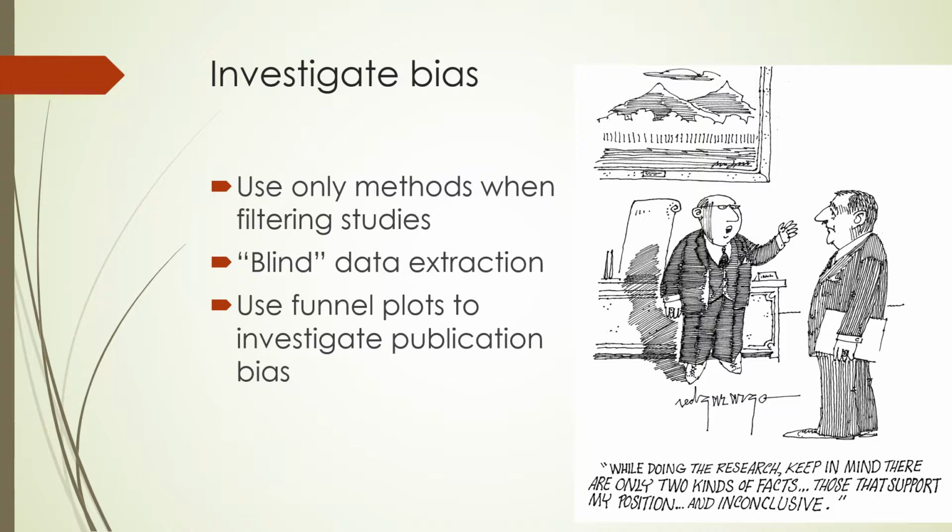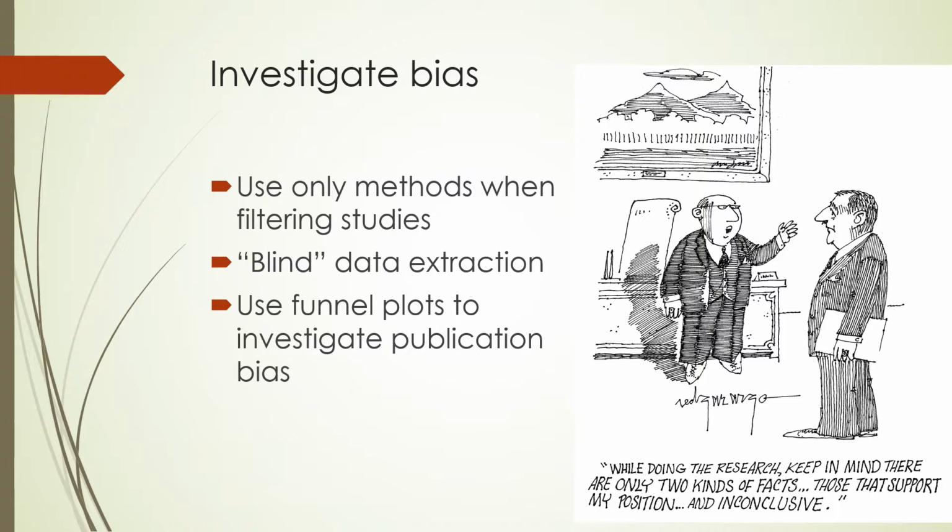And don't look at the results and say, well, gosh, they found a significant effect here, but the sample size is small. I'm not going to include that because it doesn't really comport with what I think the results should be.